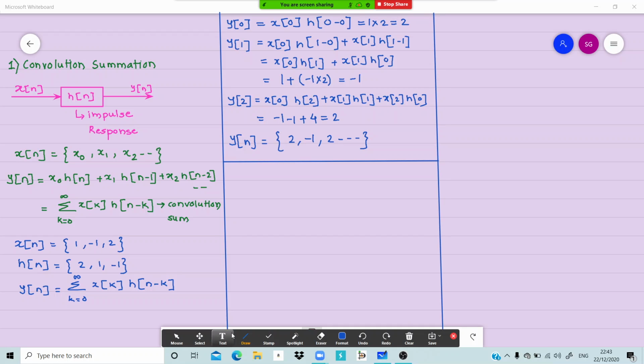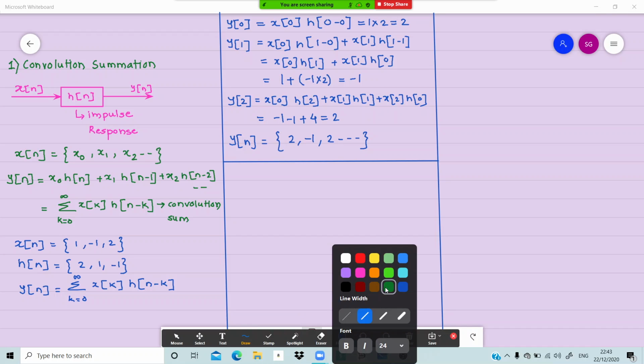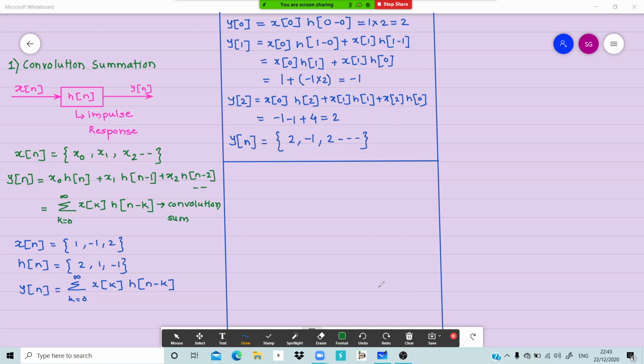Yeah. Okay. Now we'll go for the stability of the system. So second point. And to know the stability of digital systems, right, 2-3 points are very important.